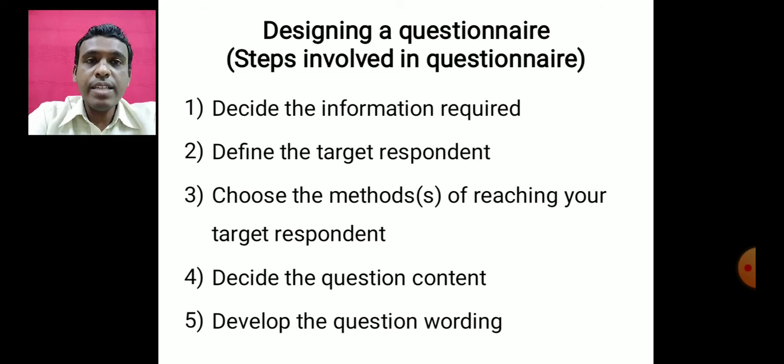So the second step is defining the target respondents. That is, you have to decide what will be your population, and you have to decide the sample from whom you are going to collect the data.